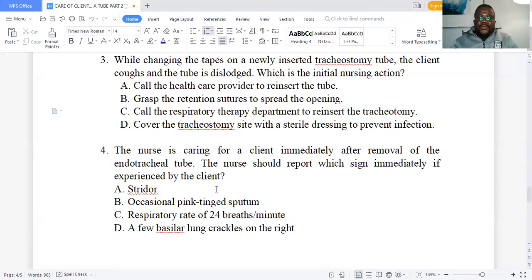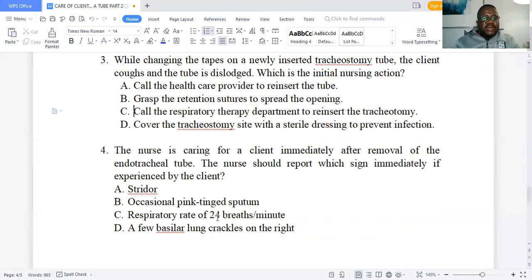When you remove, the patient might feel something which is normal, but when you find this is not normal. Can you recall that? So the question is asking us, the nurse should report which sign immediately if experienced by the client. You should notify the healthcare provider.